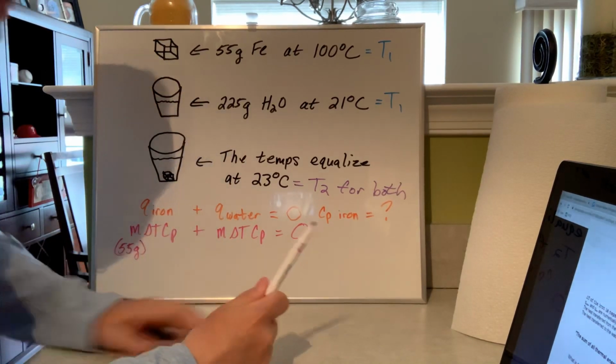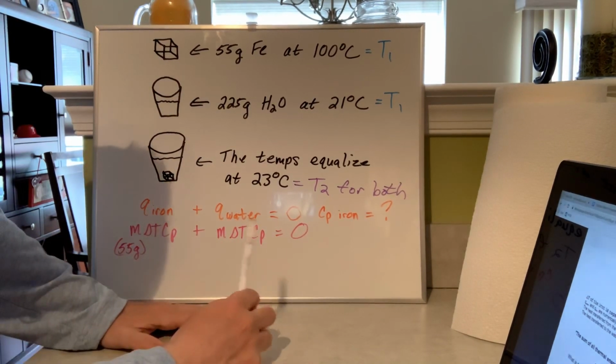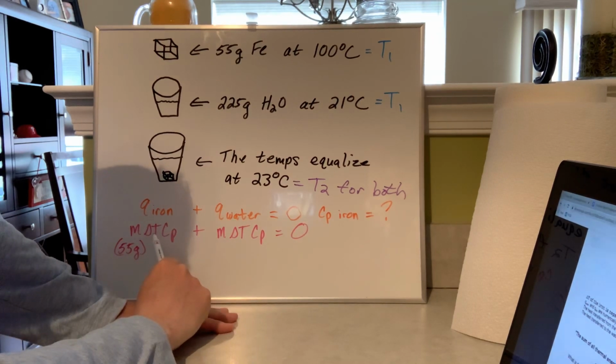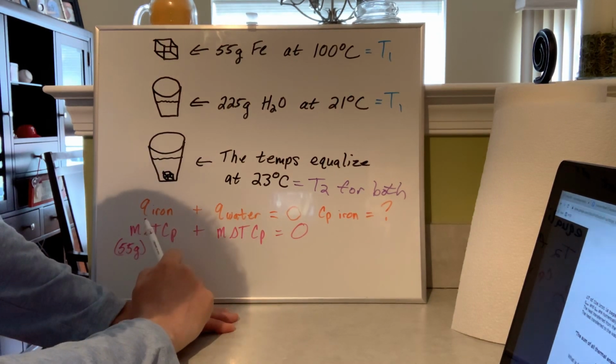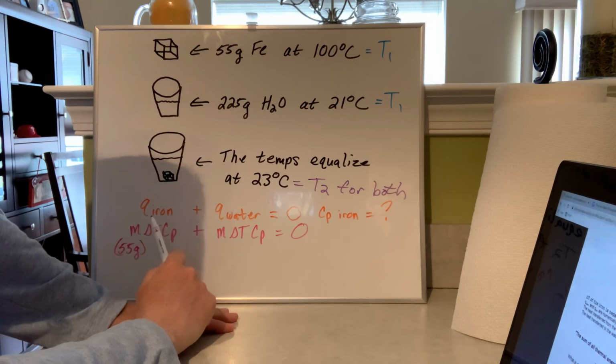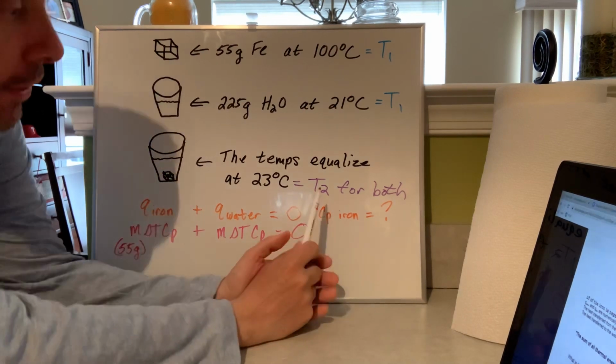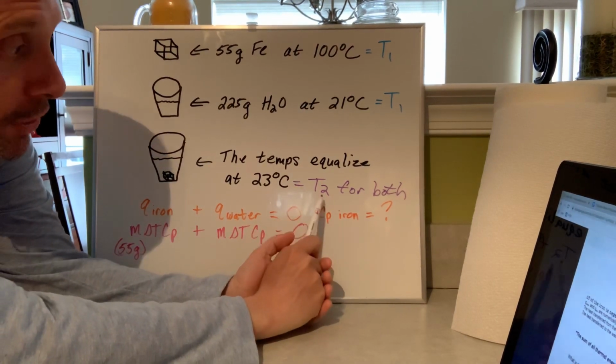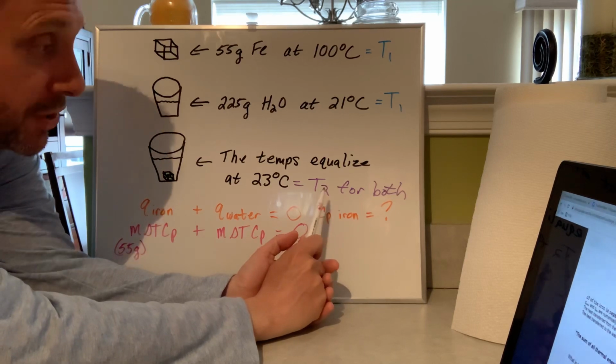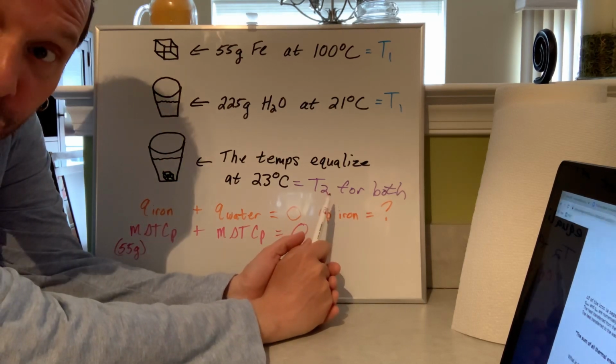Well, delta T for iron, well, delta T is T2 minus T1. Oh, good, I got that. Look, they equalized at 23, so this is T2 for both. This is the T2 for the iron and the T2 for the water.